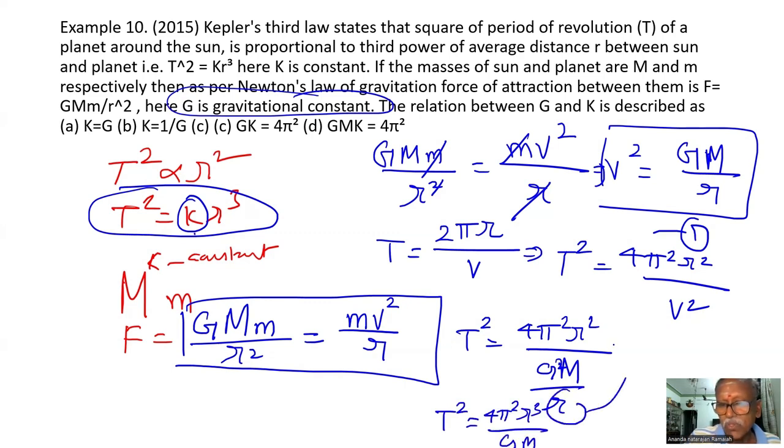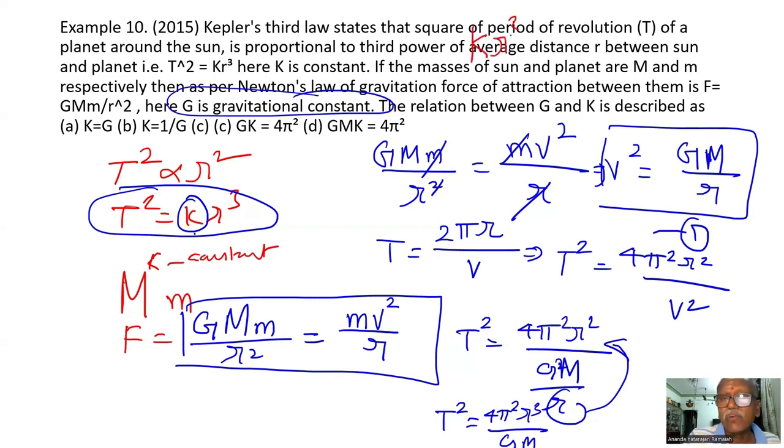This r goes to numerator. That's why 4 pi square r cube divided by G M. One more step we will write. T square equal to 4 pi square r cube divided by G M. T square equal to what? K r cube.